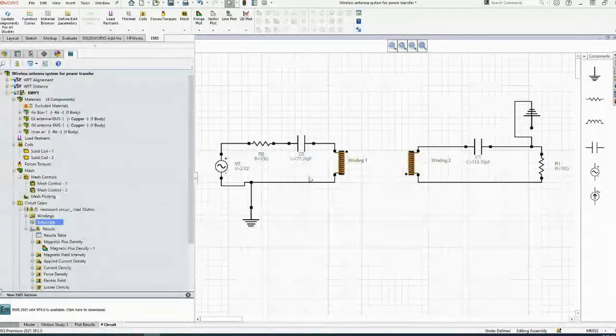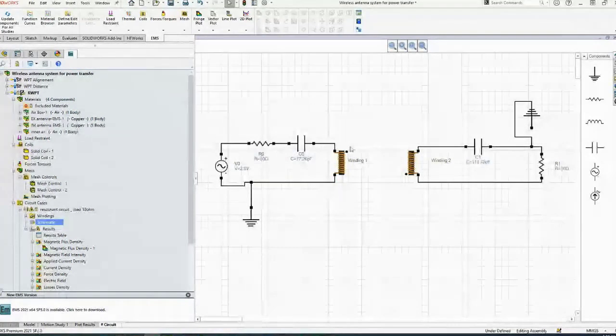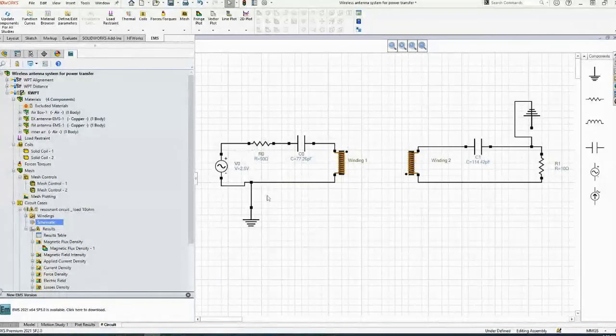Then all of a sudden you start having resonance, because you have the inductance of the coil, and of course the resistance was there. By adding a capacitance, you can actually achieve a resonance in this circuit.